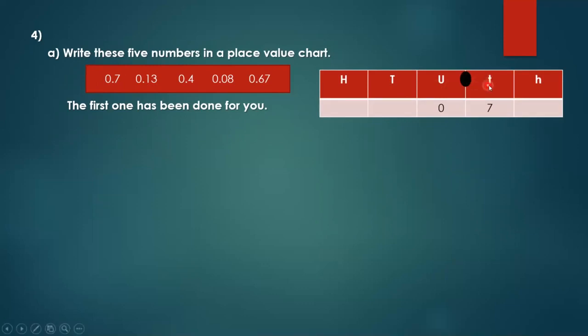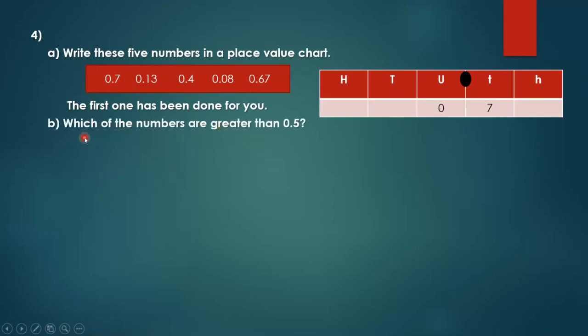After the decimal point, it will be tenths place and hundredths. So for 0.7, this is the decimal point. Before the decimal point, the number represents the value like unit, and after the decimal point, it is tenths. So I just mark 0 in the unit place and 7 in the tenths place. In this way, we need to arrange the rest of these numbers in a place value chart.